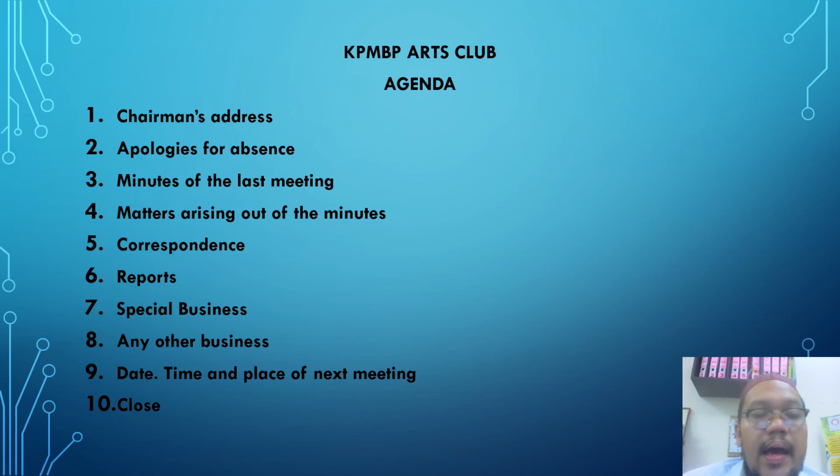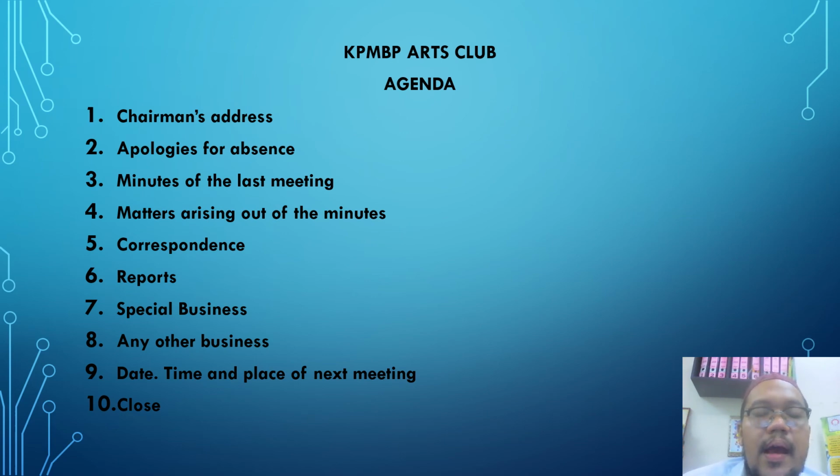All right. The next one is also optional, any other business. All right, something that you want to discuss but it's not really important but related to the organization or your club, we put in any other business. And then you have date, time and place of the next meeting.